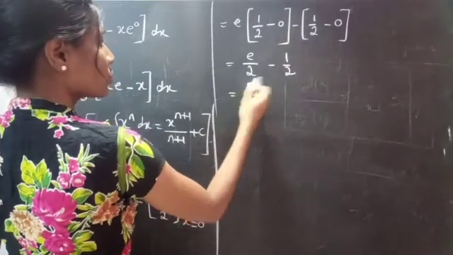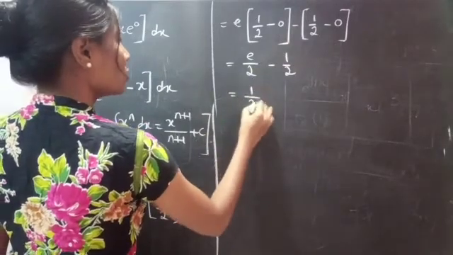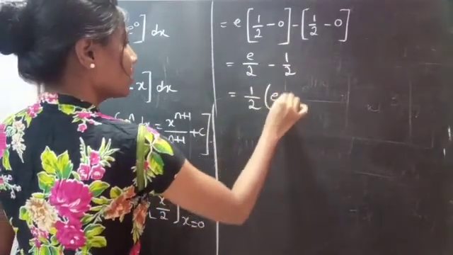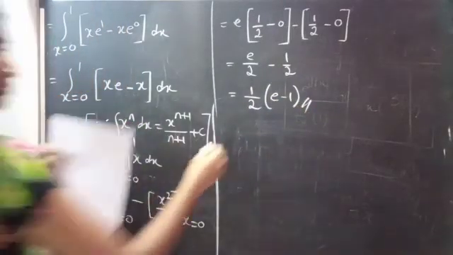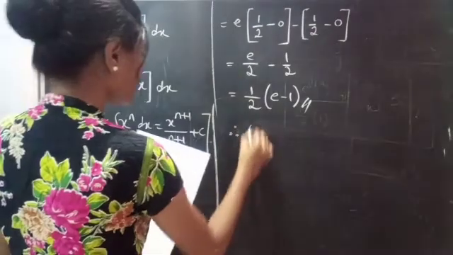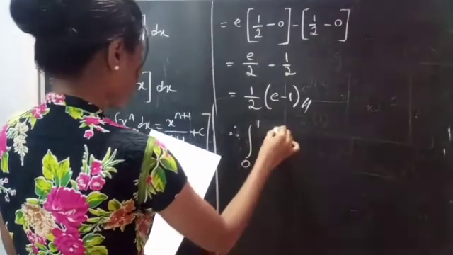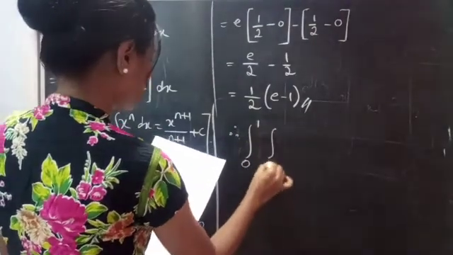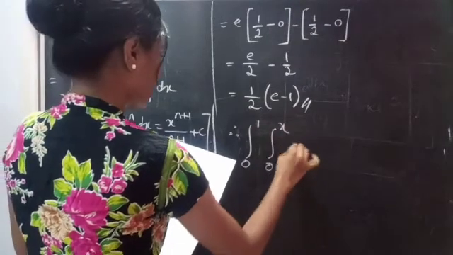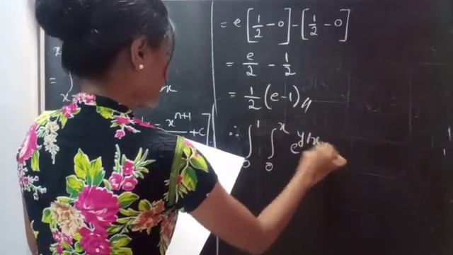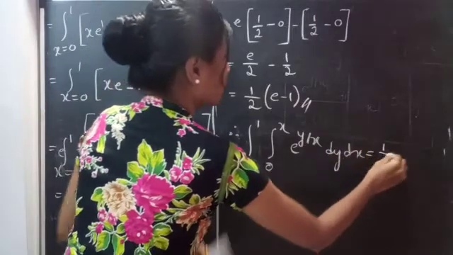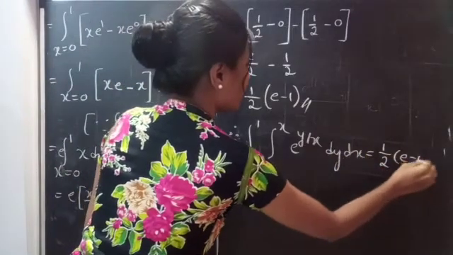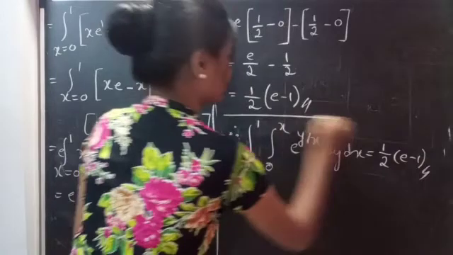Take 1 by 2 common, so you will get 1 by 2 into e minus 1. So this is the required result. Therefore, integral 0 to 1 into integral 0 to x e power y by x dy dx is equal to 1 by 2 into e minus 1.